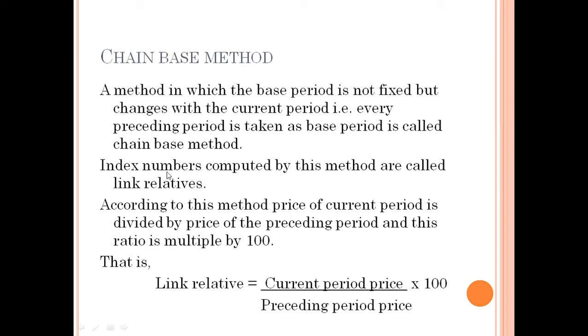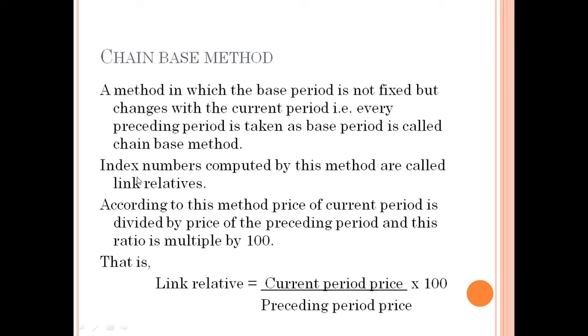Like in the fixed base method, the price of the base period remained the same, and all the current prices were divided by that fixed base period. But for the chain base method, every base period will be the preceding year, the price of the preceding year or preceding period.